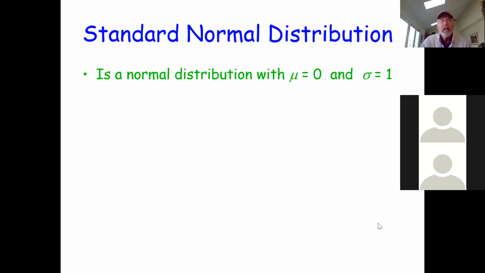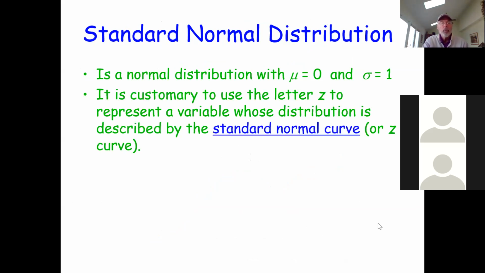Now, once we've declared that something is a normal distribution with a certain center and a certain spread, we can standardize that distribution, and we're going to be using z-scores. So we're thinking about a standard normal curve, where the mean is 0 and the standard deviation is 1.